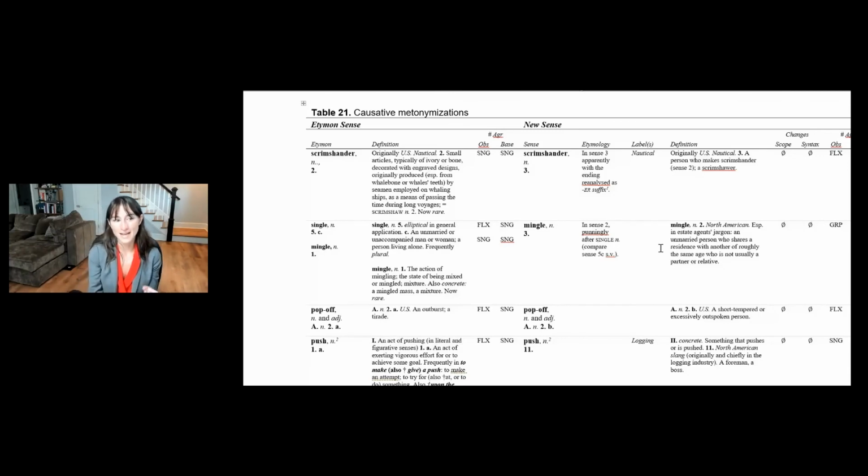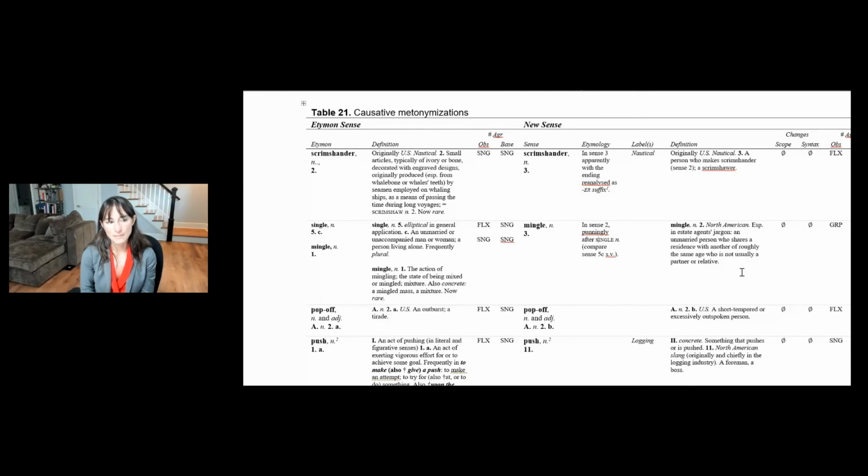It's not exactly that, but it is showing how you have this kind of rhyming element here of single and mingle, combined with the action of mingling, which is sort of coming together to make this new sense of mingle, of an unmarried person who shares a residence with another of roughly the same age, etc.